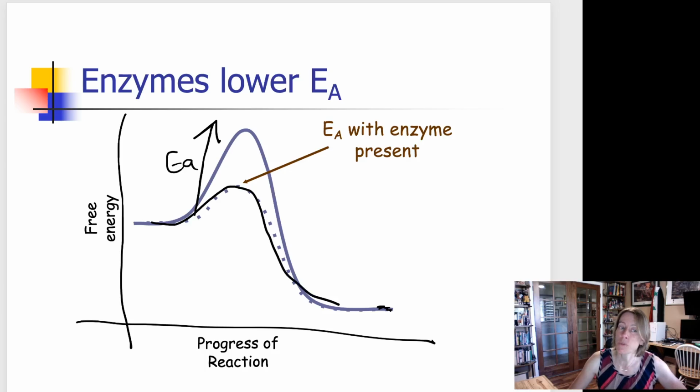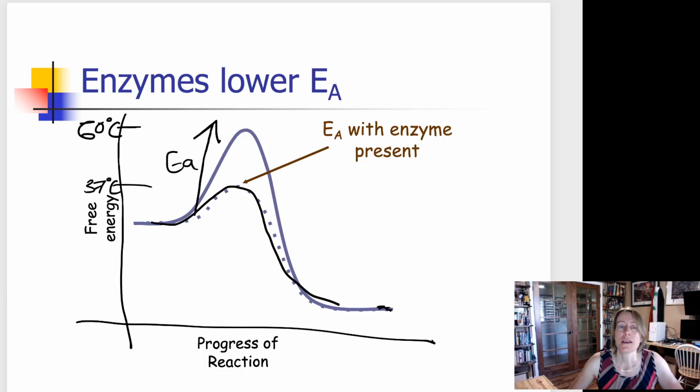So if this was in your body, maybe this is like 37 degrees Celsius. Maybe this is like 60 degrees Celsius. So without an enzyme, you have to heat this up to 60 degrees to get it to go, which is impossible. You can't get your body that warm. You can't lie on a hot plate or a Bunsen burner. It's not going to work, right?